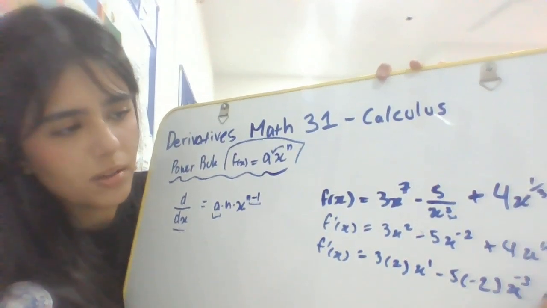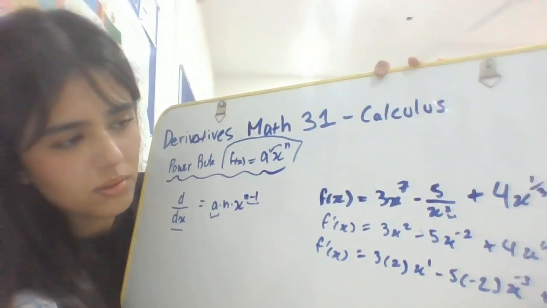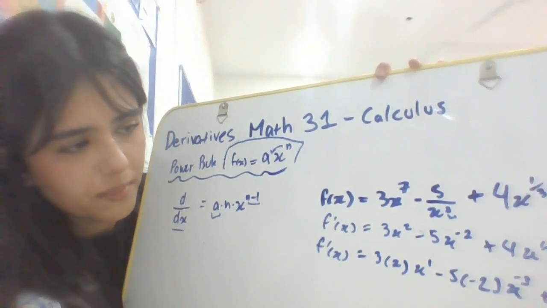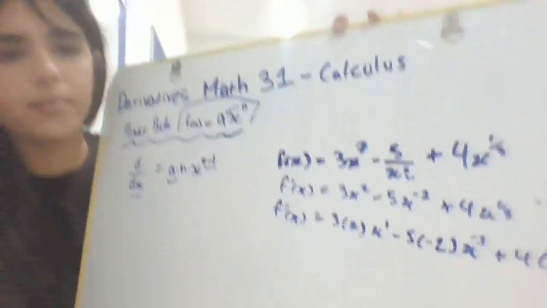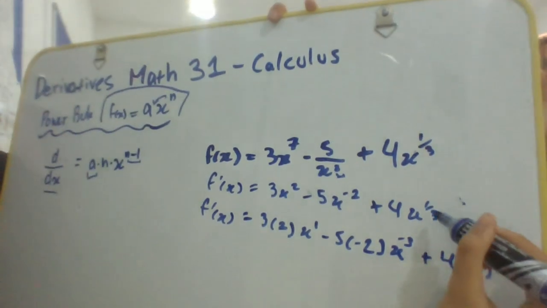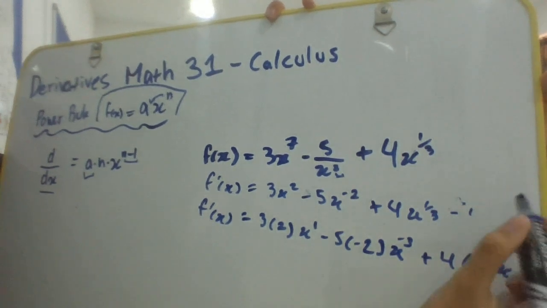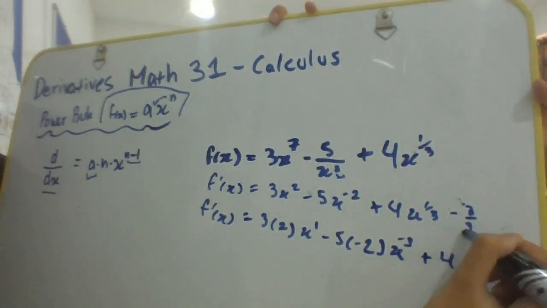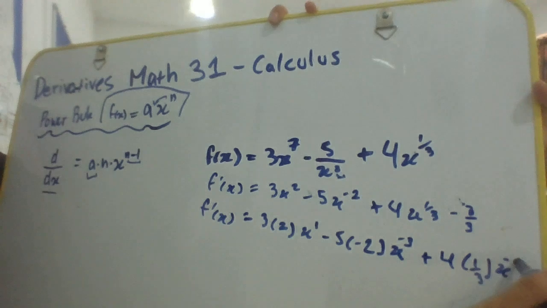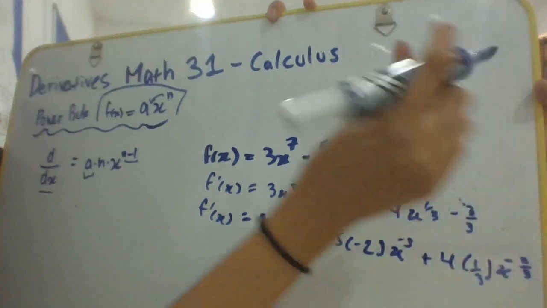And here apply the same thing. It doesn't matter if the power is a fraction. And for the last power, you know that 1 over 3 minus 1, you'll make the denominators the same, 3 over 3, will be negative 2 over 3. That will be your power.